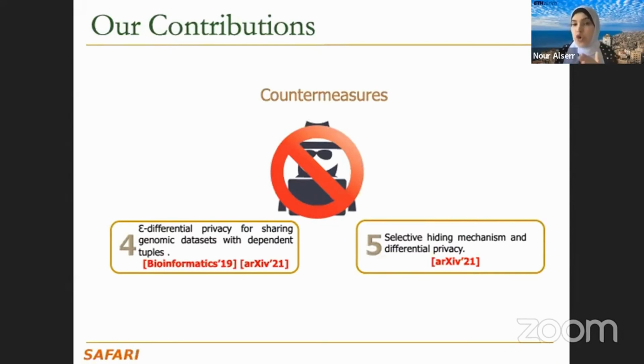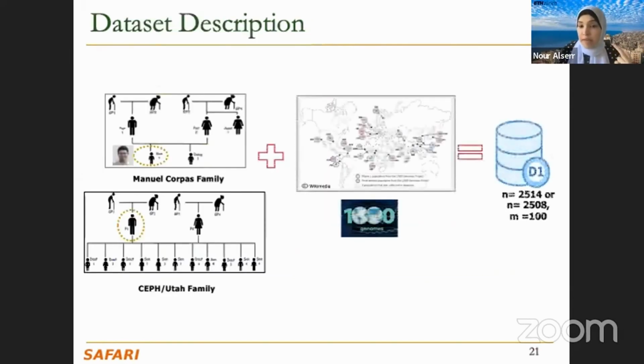So we hide some SNPs, and after that we apply the standard differential privacy without changing anything in the mechanism. Now, in all of these studies we use real-world data sets from the 1,000 Genomes Project.